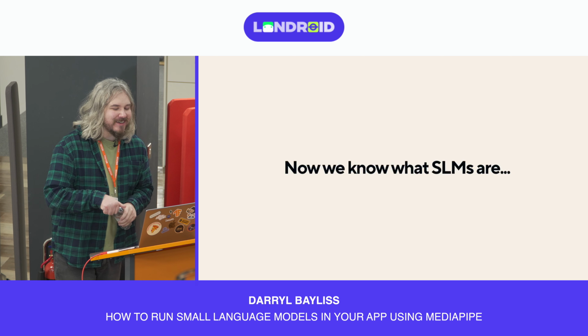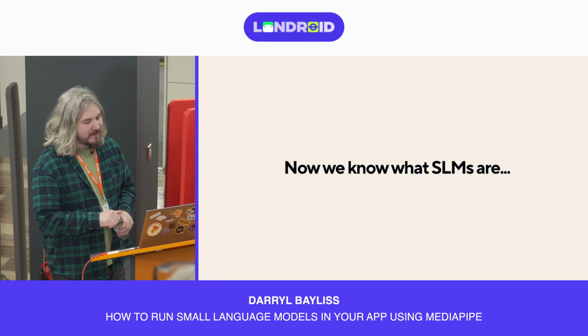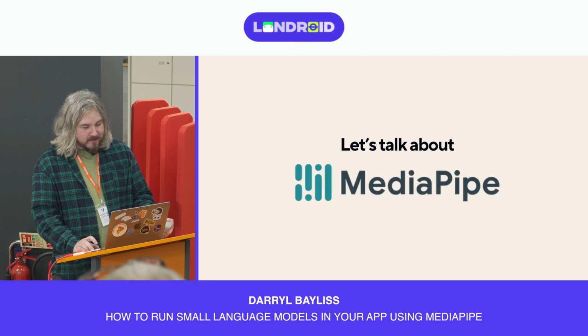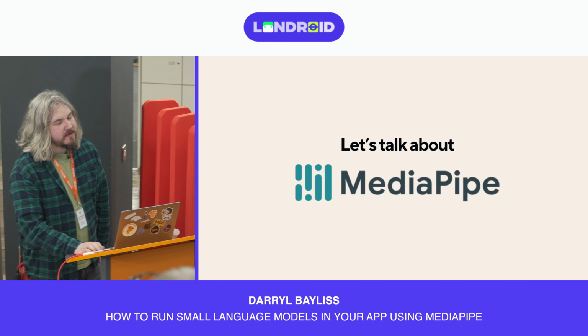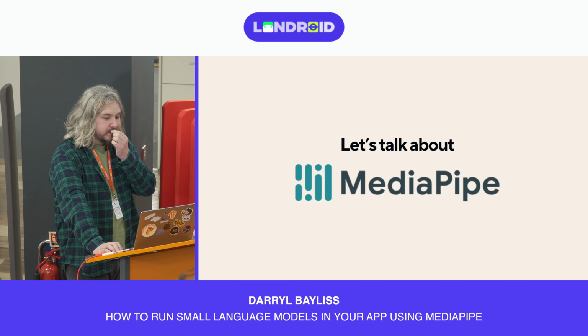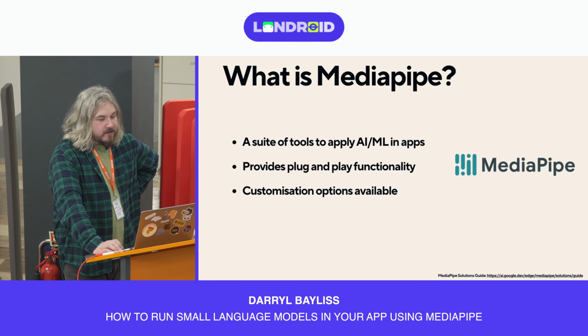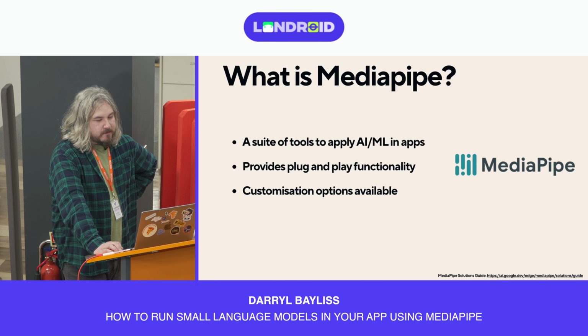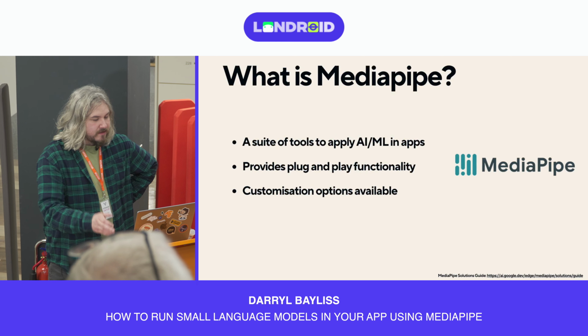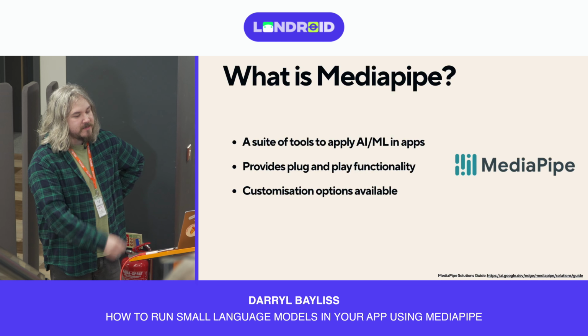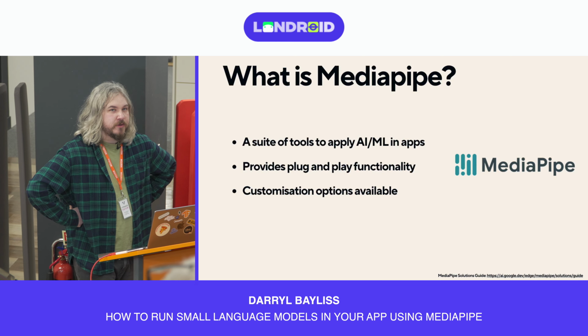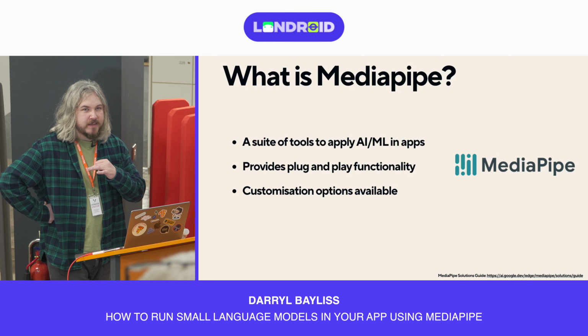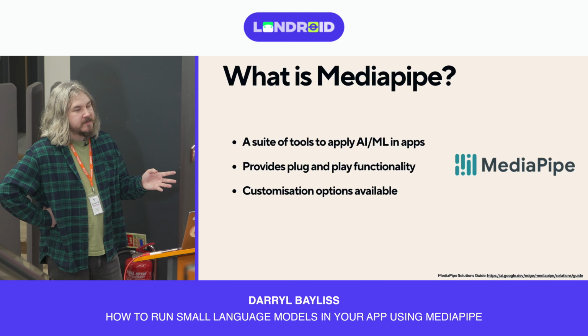Okay, cool. So now that we know what SLMs are, I'm going to shift gears and we're going to talk about MediaPipe. So yeah, MediaPipe is a library from Google. It was originally created to help with audio and video applications.